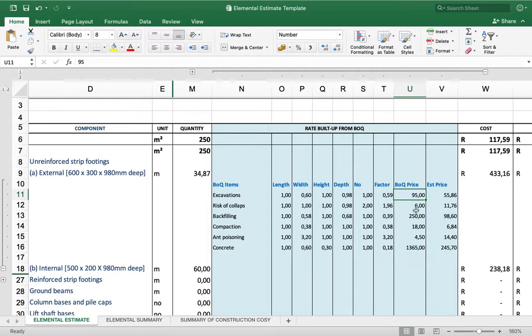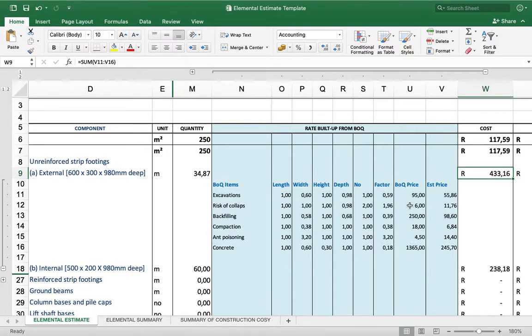So you'll have to escalate these rates to today's date. So that is for 7 years. So you have to escalate that with inflation over the past 7 years to today's date. So that is a historical rate in actual fact for this component.